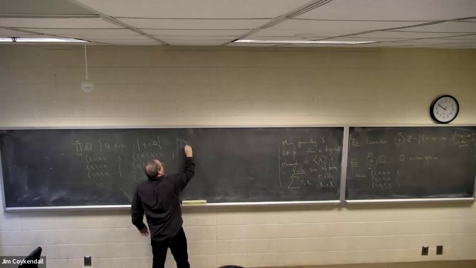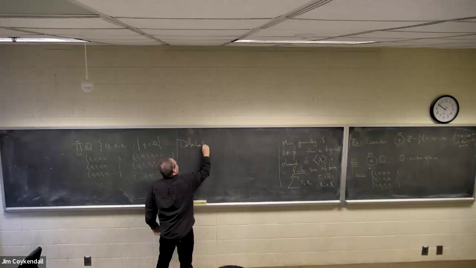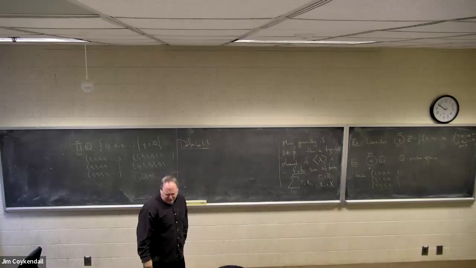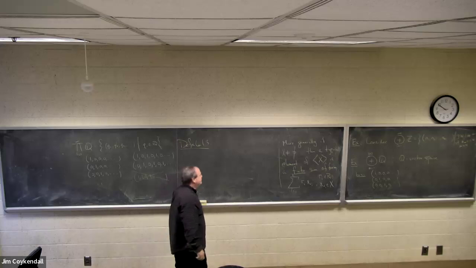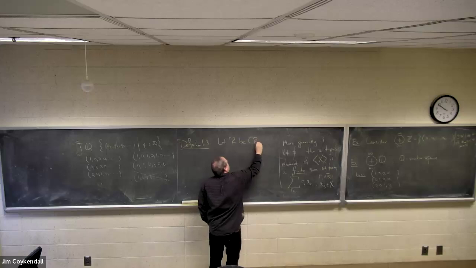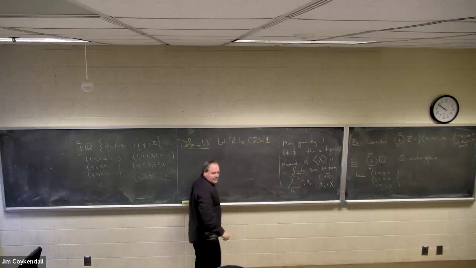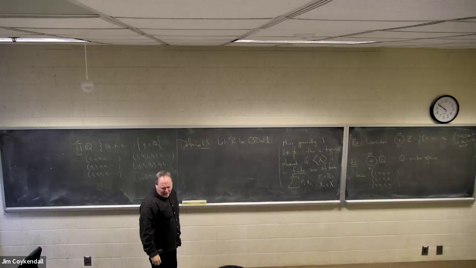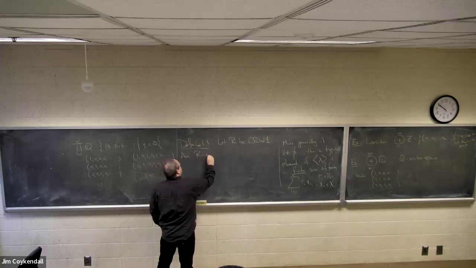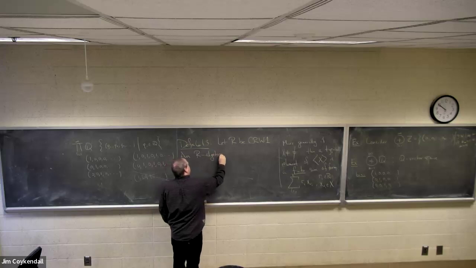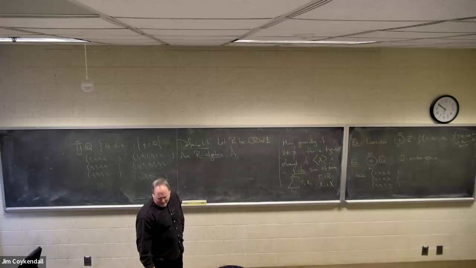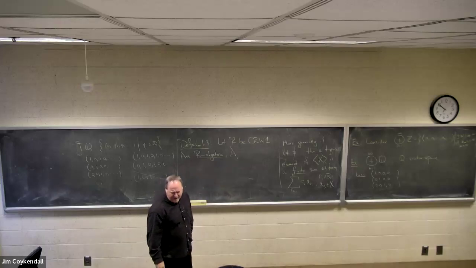Definition. Let's suppose that R is a commutative ring with identity. An R-algebra, I'll call it A, is a ring.